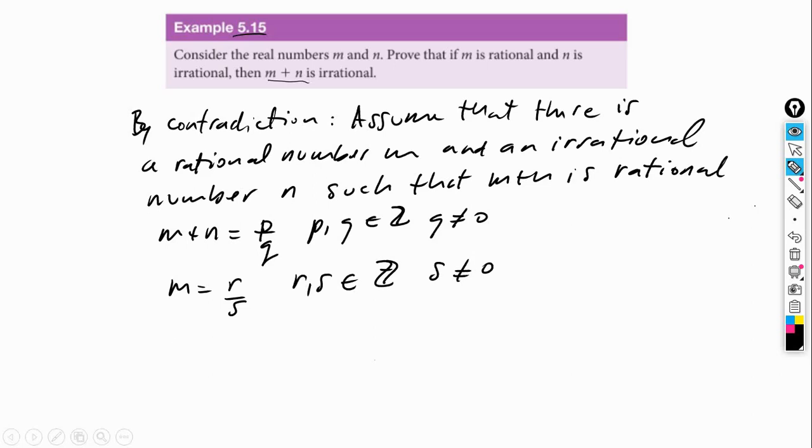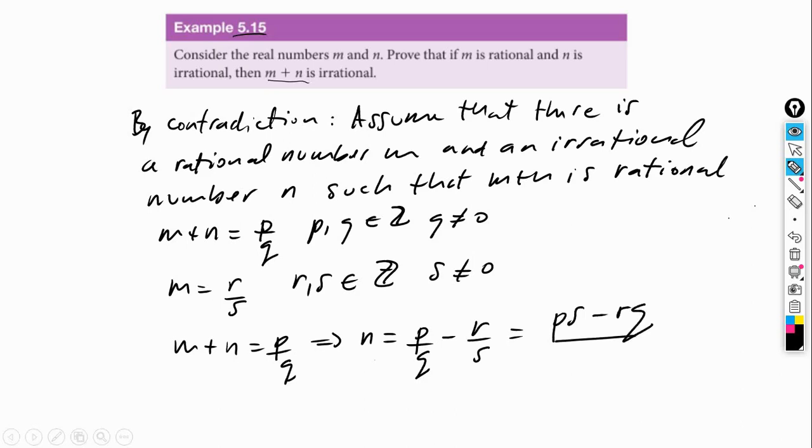Therefore, we have that m plus n is equal to p over q, and this implies that n is equal to p over q minus r over s, because we said that m is r over s.